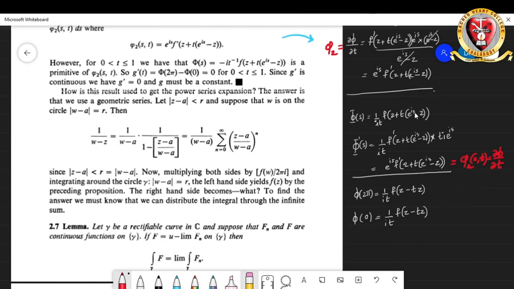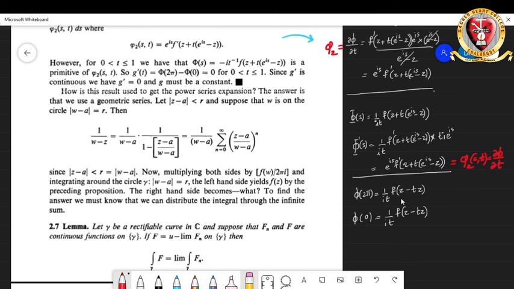Substitute e raised to 2 pi i, which is equal to 1. You know that e raised to 2 pi i and e raised to 0 will be 1.